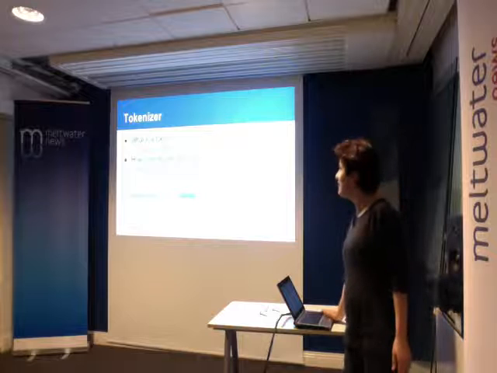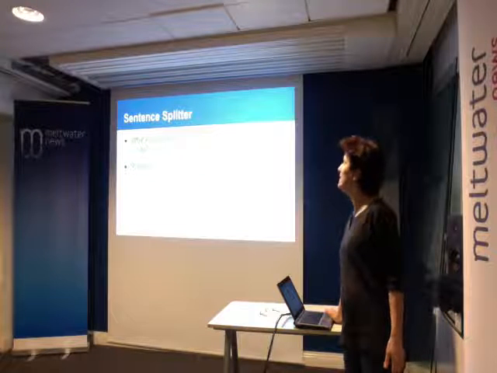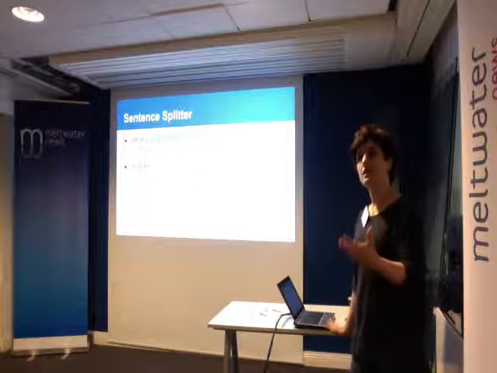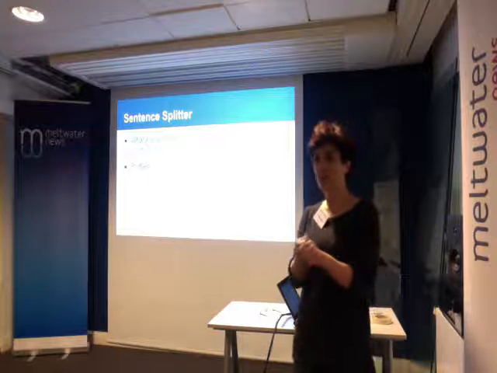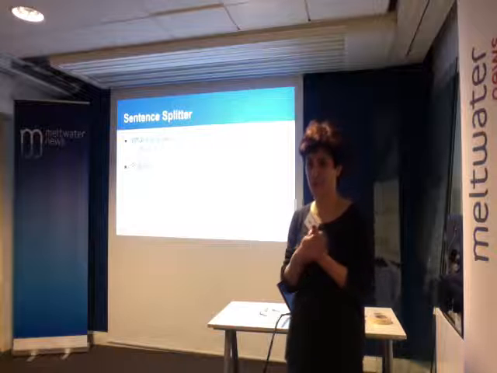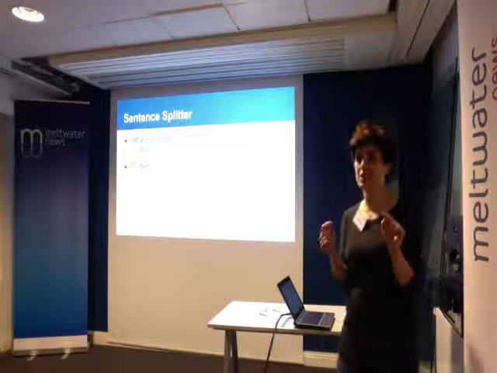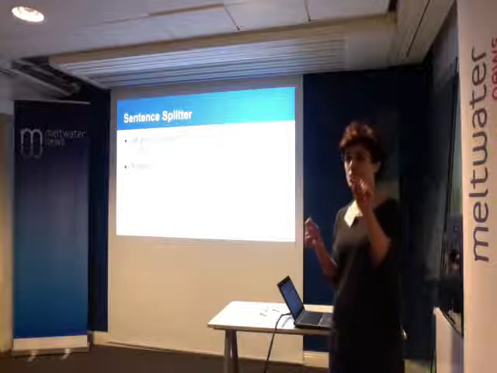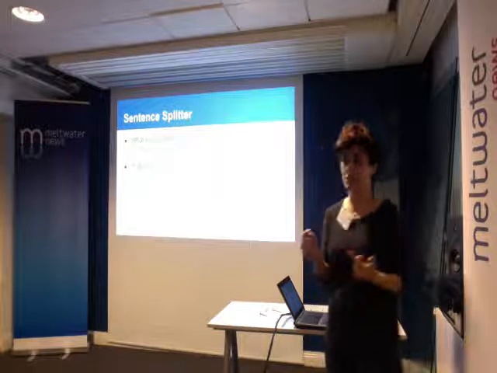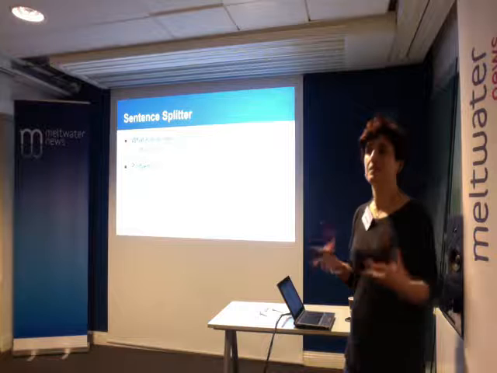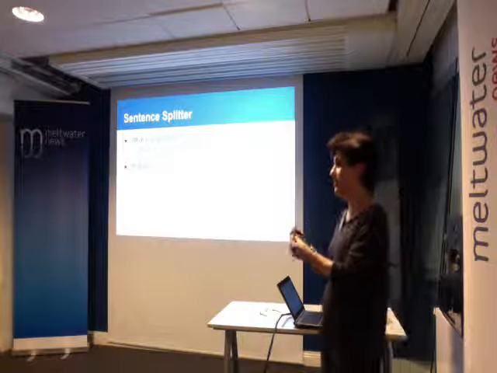But it's not that easy, because first of all, stop points like a dot can also be the end of an abbreviation, so it doesn't necessarily mean the end of a sentence.